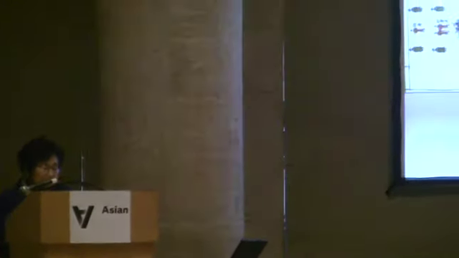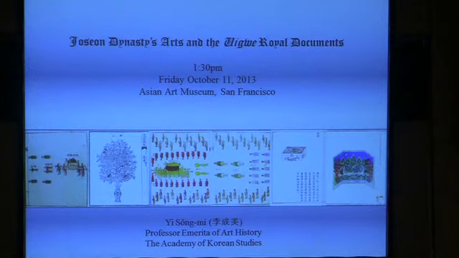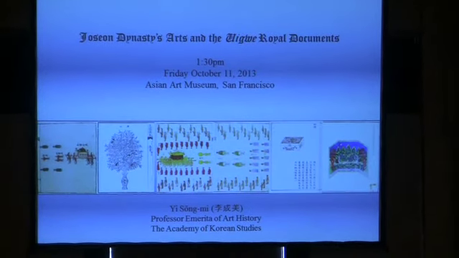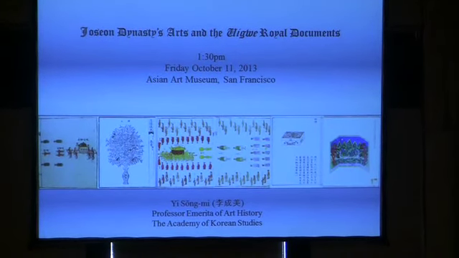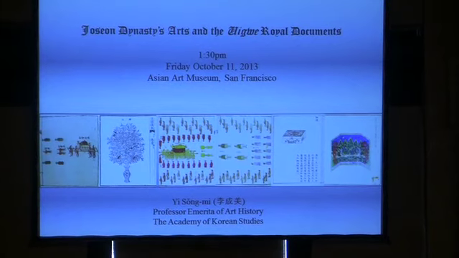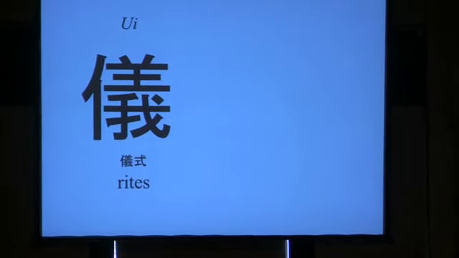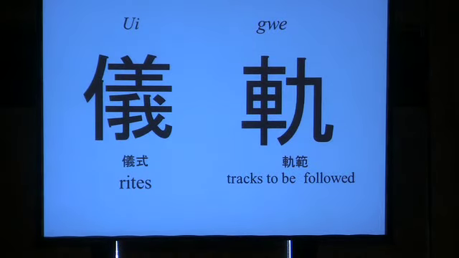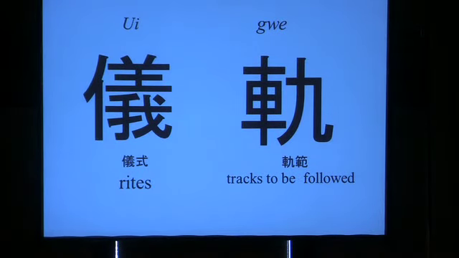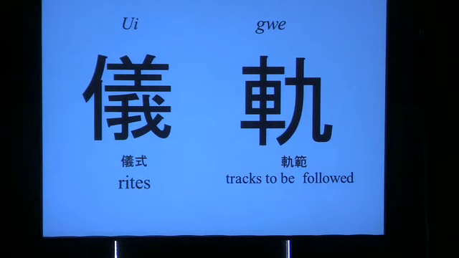So the Joseon Dynasty documents, now commonly referred to as Uigwe, are official records of the superintendency. That's how you write Uigwe in Chinese characters.